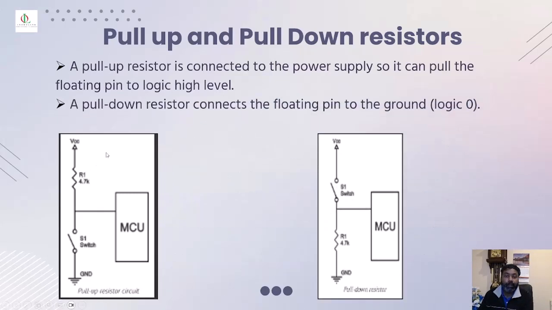Whereas a pull-down resistor connects the floating pin to the ground, which makes it logic 0. If a resistor is connected directly to the ground in this circuit, then it is considered a pull-down resistor because it's trying to get you to logic level 0. That's the difference. Pull-up connected to VCC, pull-down connected to ground. That's the difference.